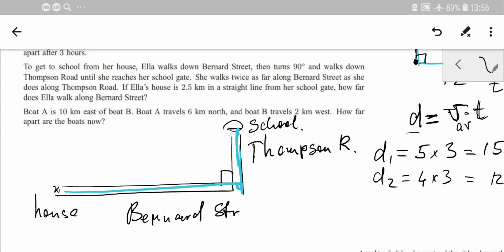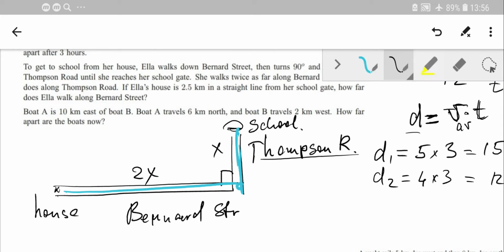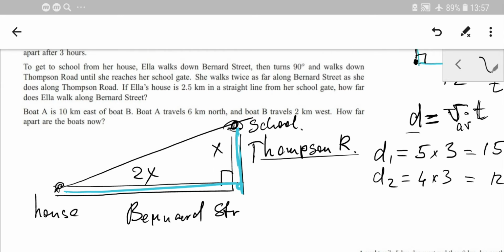So let's say Thompson Road is just x, so Bernard Street is twice that, 2x. And here we just connect with a straight line indicating distance.